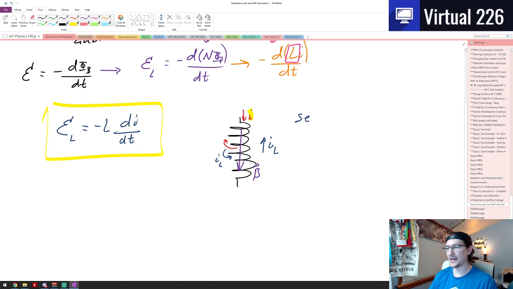This is what's known as self-inductance. Just because you had nothing and now you've started the current going in the system and you've got current running through the solenoid, it's going to generate a B field, and because that amount of magnetic flux has changed, we now are going to induce a current that's going to oppose the current initially in the system. It's kind of a weird thing that's going on here, but it is happening.